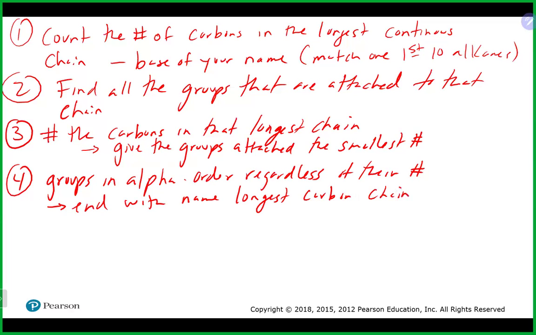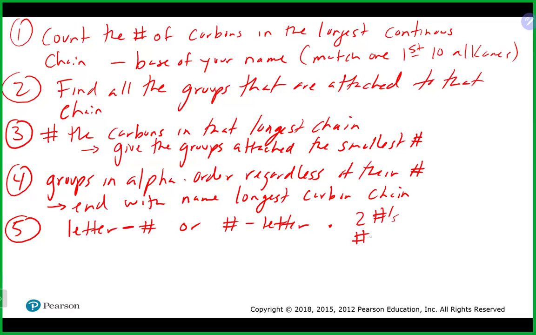Now, a couple of other things that we do when we name things. If you have a letter that goes into a number, we use a dash. Or if you have a number that goes into a letter, we put a dash between them. Now, there will be situations where you might have two numbers.